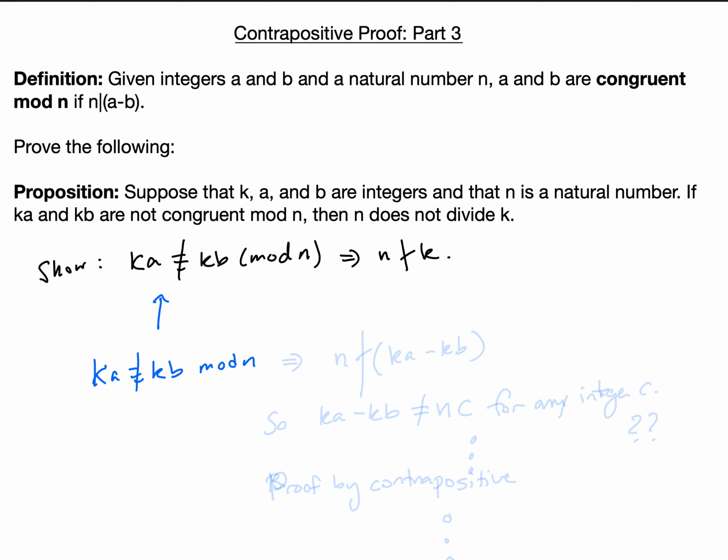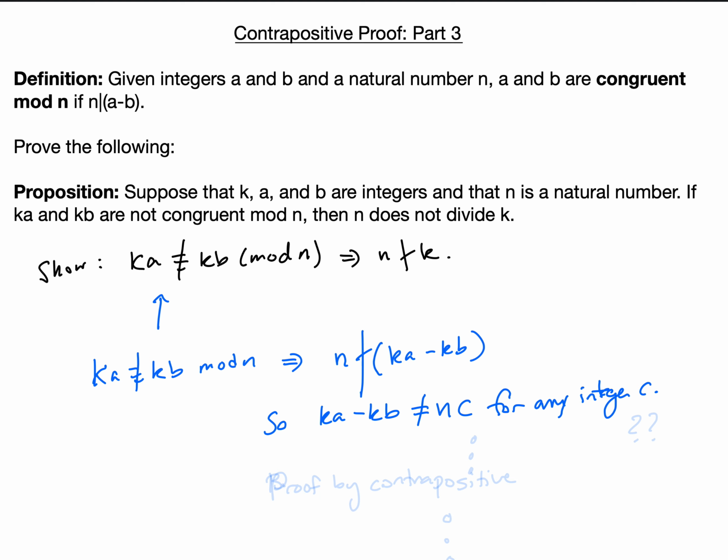What does that tell us? That tells us that it is not true that n divides ka minus kb. So it tells us that n does not divide ka minus kb. So ka minus kb is not equal to nc for any integer c.